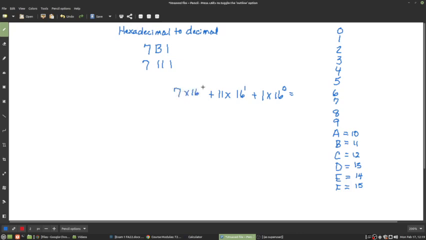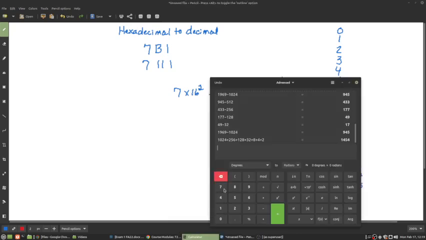times 16 squared. Okay? So 16 to the 0 power, this becomes a 1. So it's 1 times 1 plus 16 to the first power is 16. So 16 times 11. Now 16 squared, let's go ahead and plug that into the calculator. So 16 squared, that's 256.